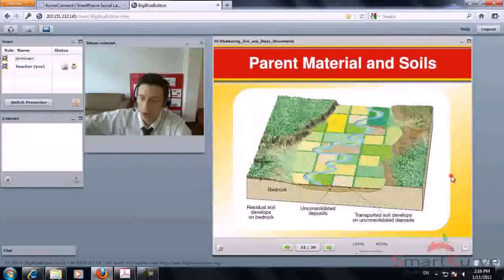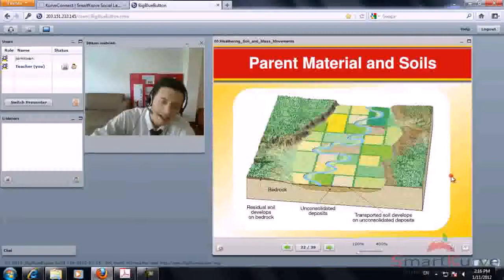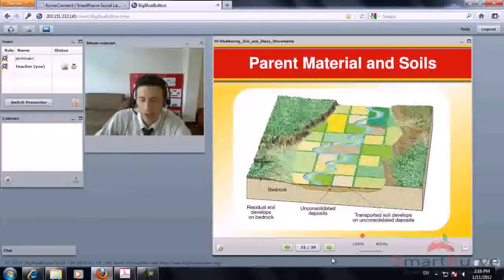So all that soil that comes down due to erosion is carried and deposited. That's that transported soil, that thin brown line that you can see in the middle of the picture. So the residual soil on the sides and the transported soil there in the river valley, in the floodplain.